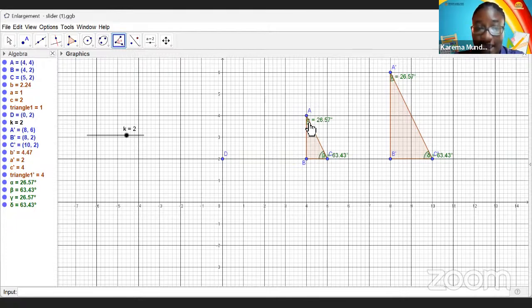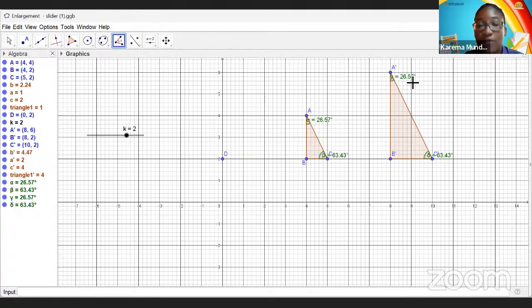So over at A, where Miss is pointing, we're seeing an angle that has a measurement of 26.57 degrees. Awesome. Hover at A prime for me. Are you seeing the same measurement there? Yes, Miss. All right, so that's what we're talking about. The size of the angle is the same.